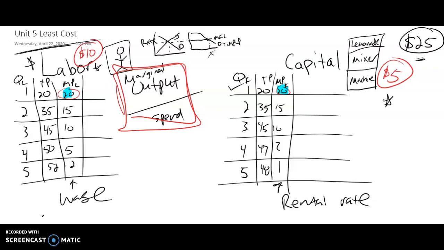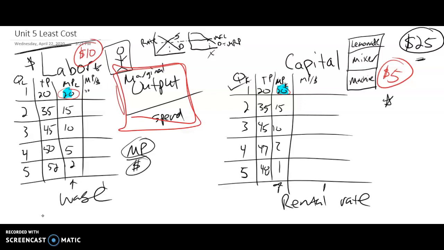And so how do we look at that in a very simple way? I want to know the marginal product that I get per every $1 that I spend. And then I'll be in common terms in this last column. So we're going to call it marginal product per dollar. So how do we figure that out? Well, what's my marginal product for how much I had to spend for it?